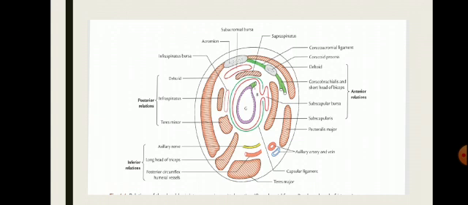In the anterior relations, the deltoid muscle is present anteriorly. Next to it, you have the coracobrachialis and short head of the biceps, right? Then the subscapularis muscle. After that, you have the subscapular bursa. These are the anterior relations.